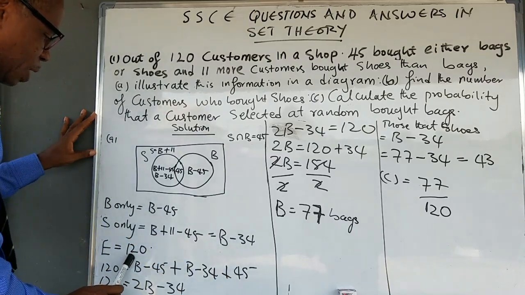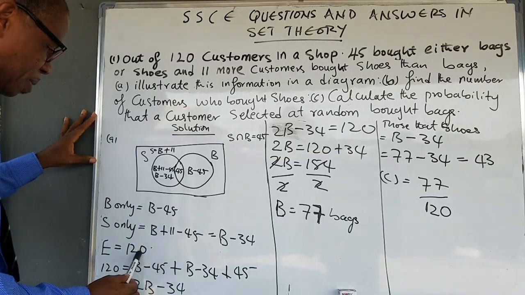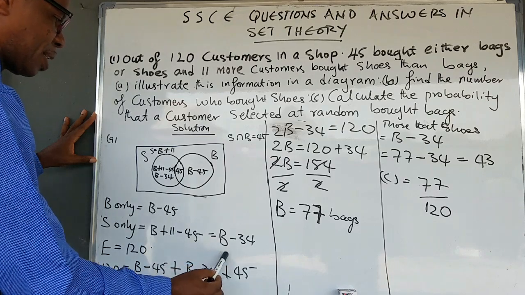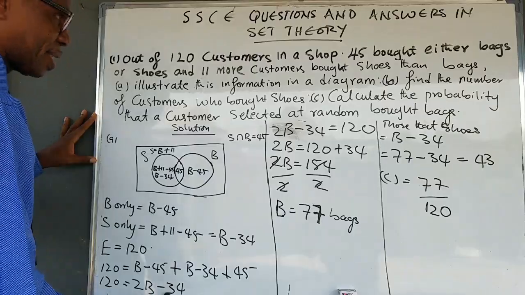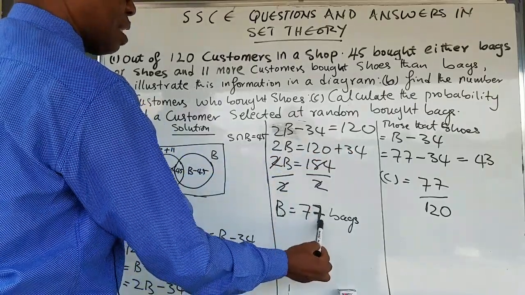Universal set is 120. As usual, 120 is equal to bags only, shoes only, shoe and bag. And at the end of the day, we find the value of B to be 77.